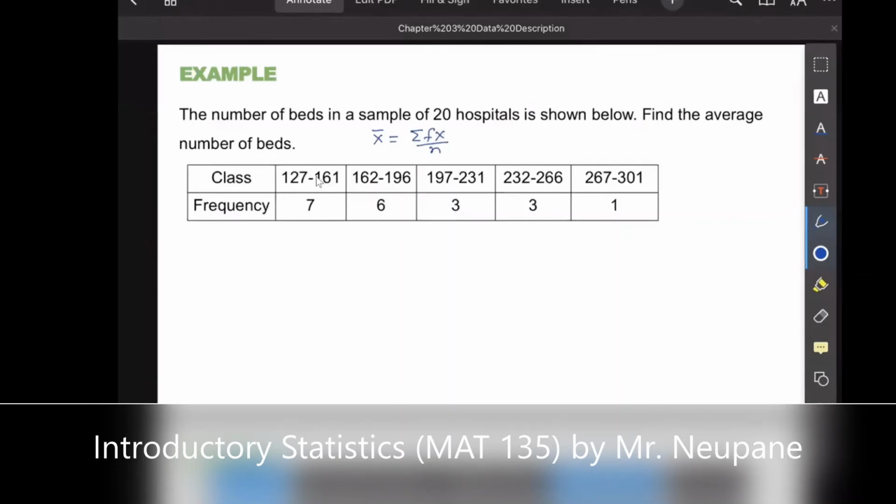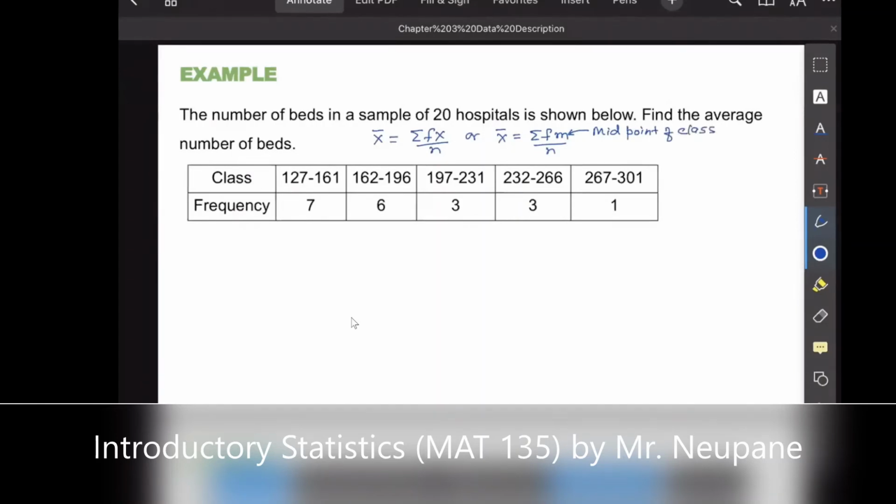Instead, we have the class. If the class is there, we replace x by the mid value of the class. So we write the formula as x bar equal to sum of f times m divided by n. And this m is the midpoint of the class.